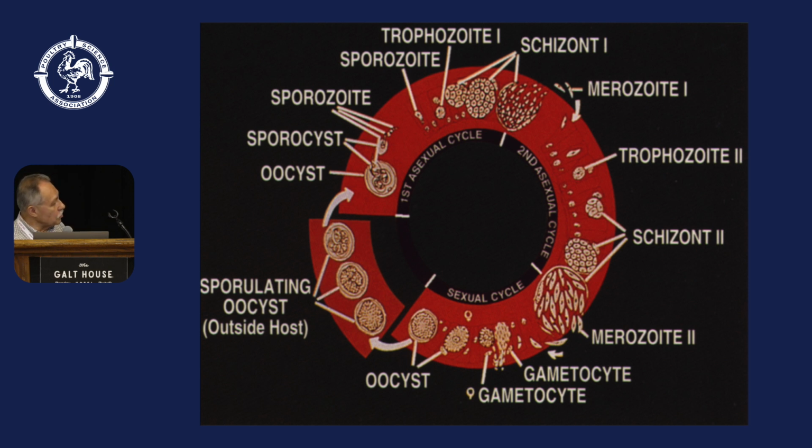That will rupture out, being released into the lumen, repeating the cycle again, but this time they're going to differentiate sexually. The macrogametocytes are going to become the equivalent of the ovum, and the microgametocytes are flagellated and motile and are the equivalent of the mammalian sperm.